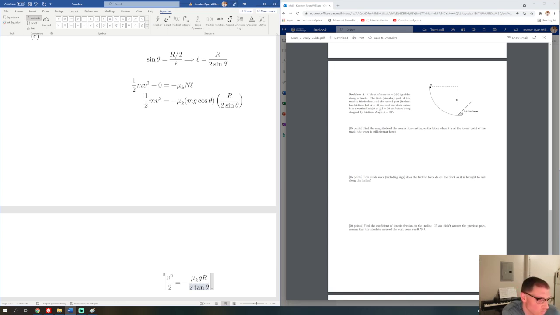Is that equation the work non-conservative equals delta? Well, it's the kinetic energy, not the mechanical energy. Kinetic energy contributes to mechanical energy, but when you're using the work energy theorem, you want to use just the kinetic energy. So we get v squared equals this.